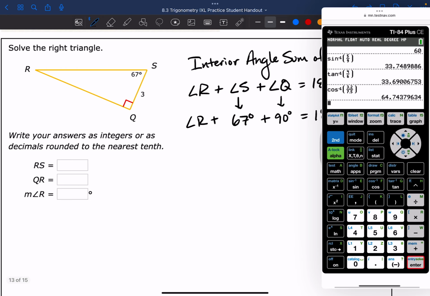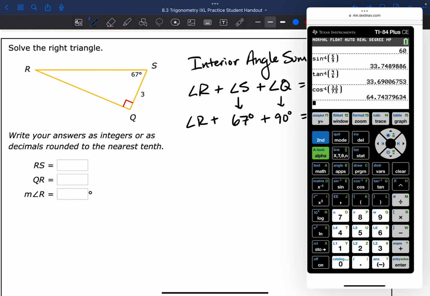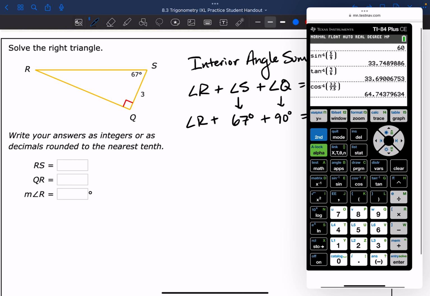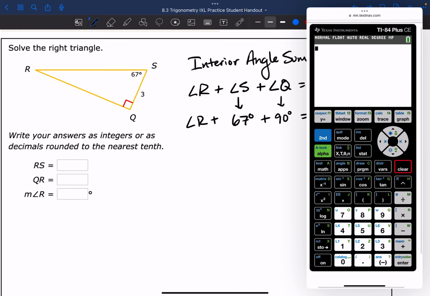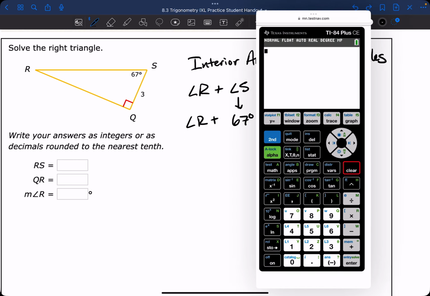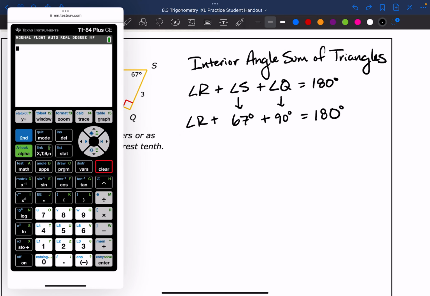So I'm going to grab my calculator, clear it, and move it over here. I'm going to subtract 67 from both sides, as well as 90, and this is going to help me find the angle R. So I need to take 180 minus 67 minus the 90.